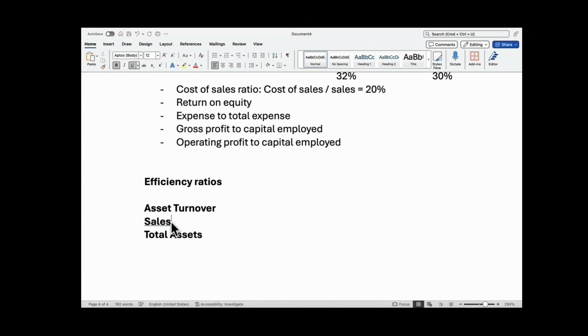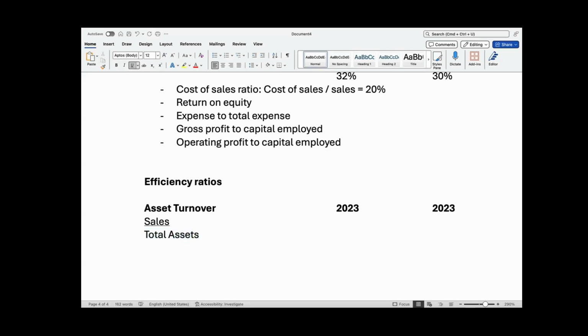In some exam questions, they can call this net asset turnover. When they call it net asset turnover, your denominator will not be total assets. It simply becomes net assets, which is most likely your total assets minus your liabilities, or you can simply use your equity.